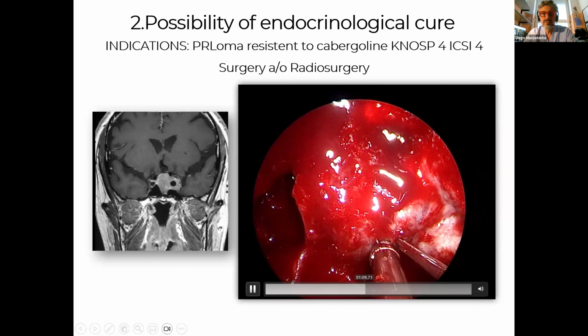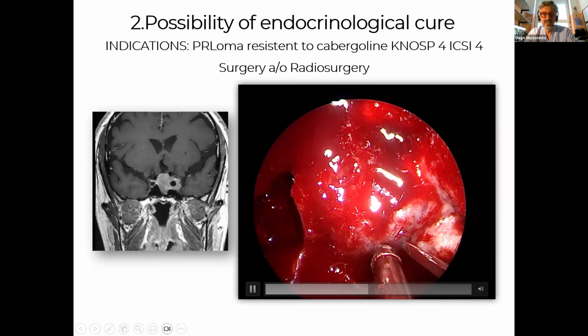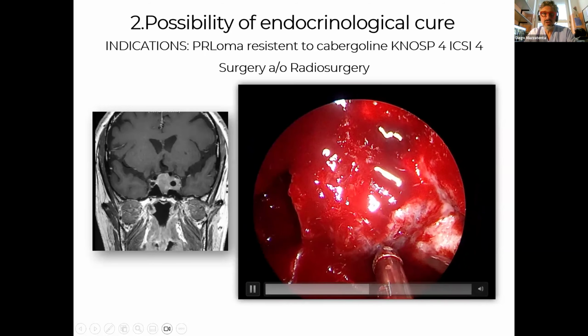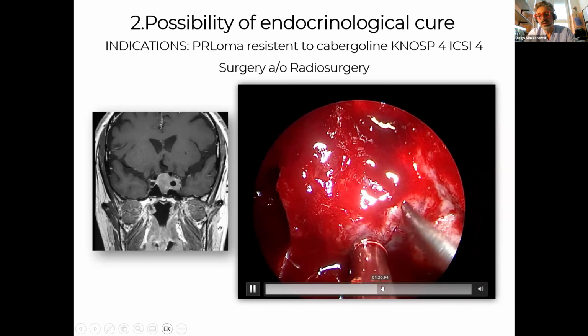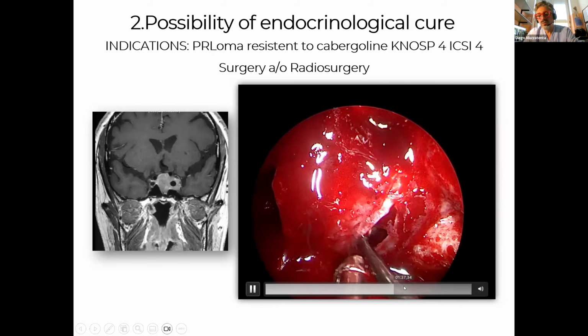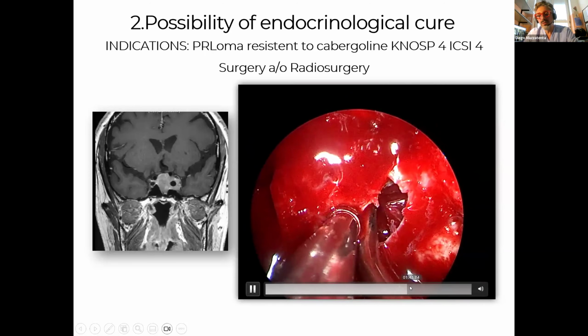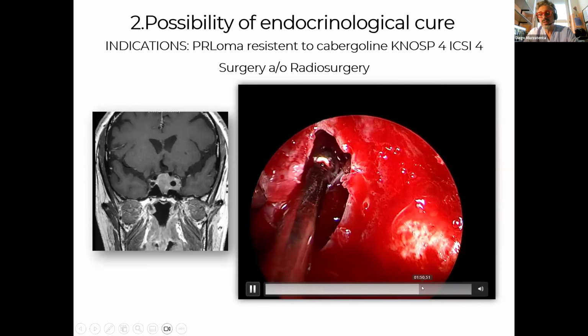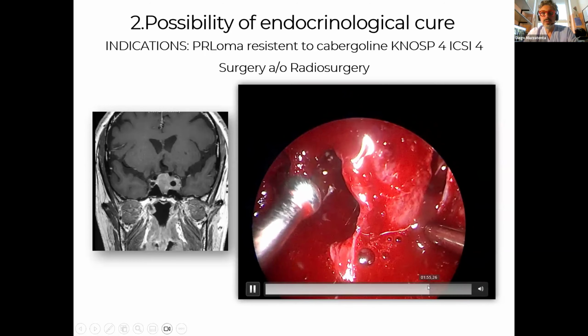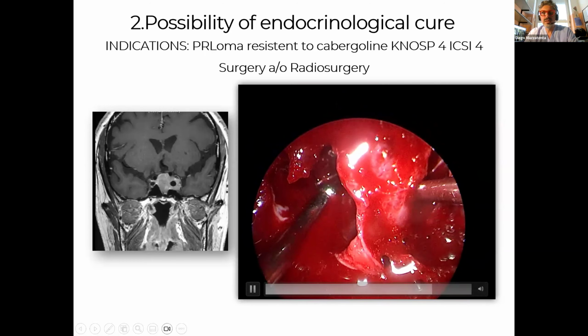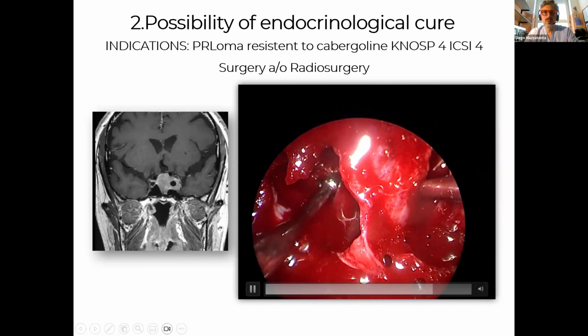And after, this is the position of the carotid artery, checked with neuronavigation and microDoppler. We open the dura mater lateral to the internal carotid artery, and we create a second surgical channel, medial and lateral, working on both sides of the internal carotid artery. This is the post-op, and these are the best results.